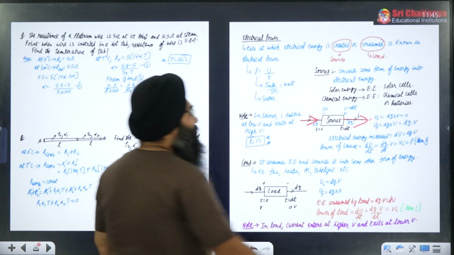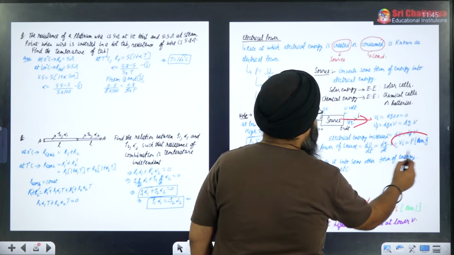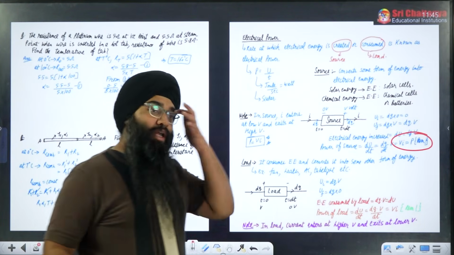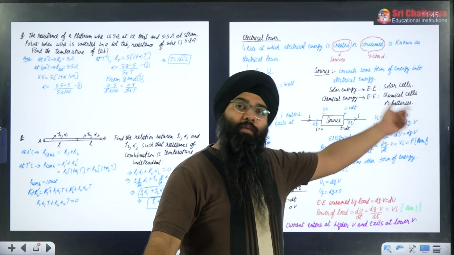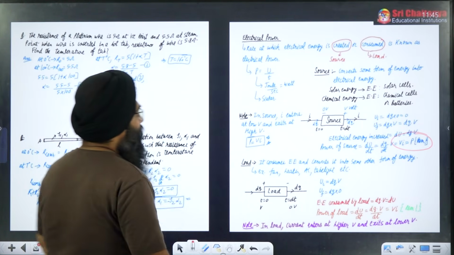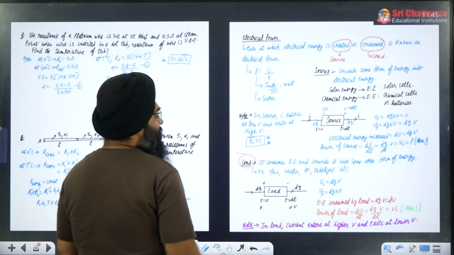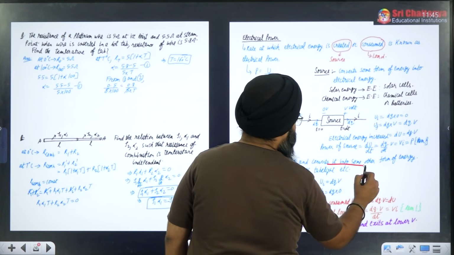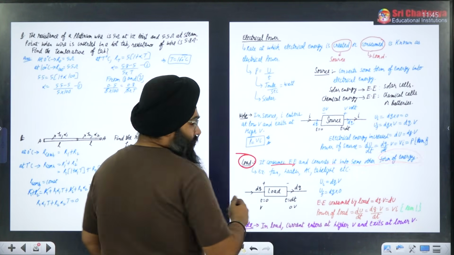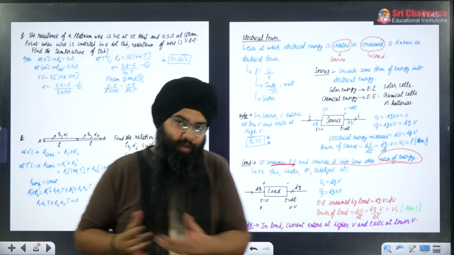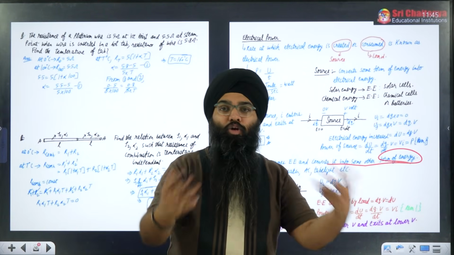What will be the power delivered by the source? The power delivered by the source will be voltage into current. Voltage means the potential difference across the source, multiplied by the value of current. When you talk about a load, it consumes electrical energy and converts it into some other form of energy. Like a resistor, it consumes the electrical energy and converts it into heat.